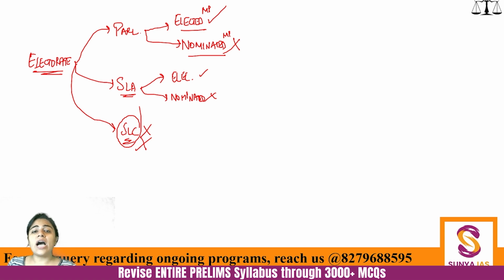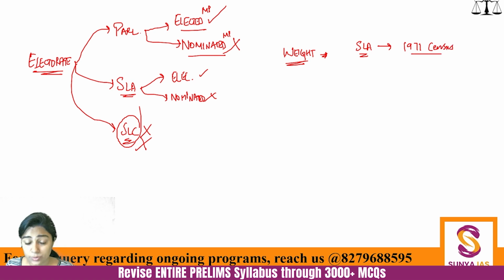Okay. Now see what is the weight and how is this weight calculated. See, you start with state legislative assemblies. Okay, please note this down very carefully, that the state legislative assemblies and the seats assigned to them according to 1971 census. So it's not 2001 census, it is 1971 census.